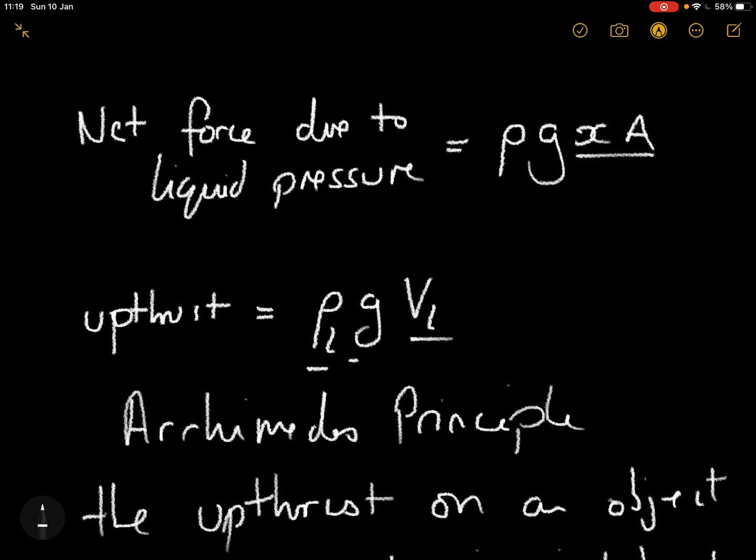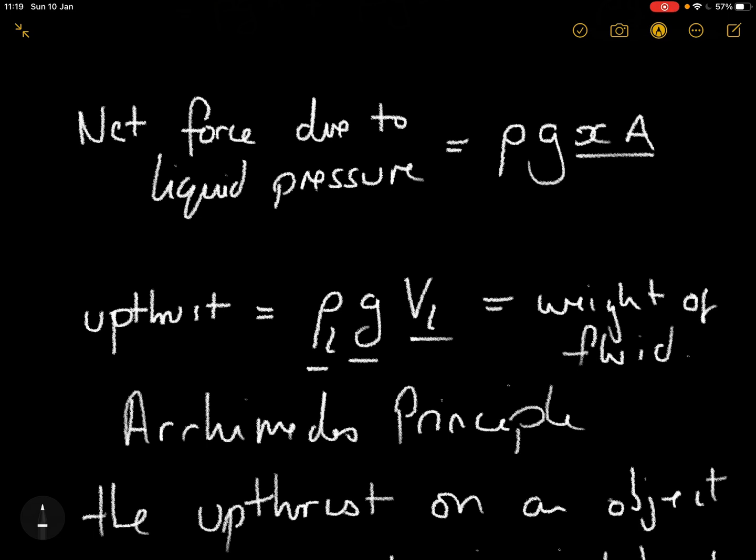Because density times volume is a mass, times gravity, you get the weight of the fluid. So the more fluid you displace in terms of its weight, the greater the upthrust.